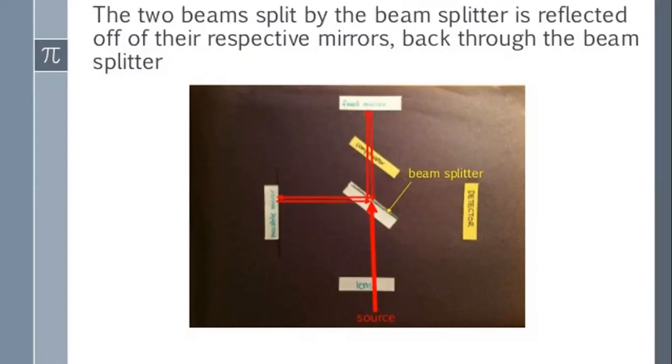Next, the two beams split by the beam splitter are reflected off their respective mirrors, that is, the movable mirror and the fixed mirror.